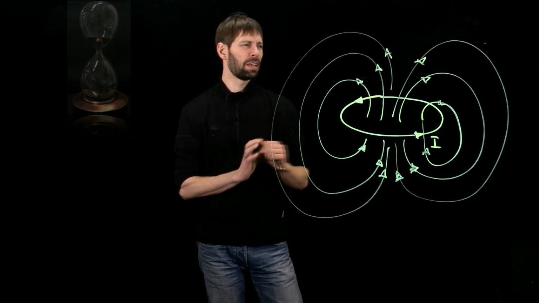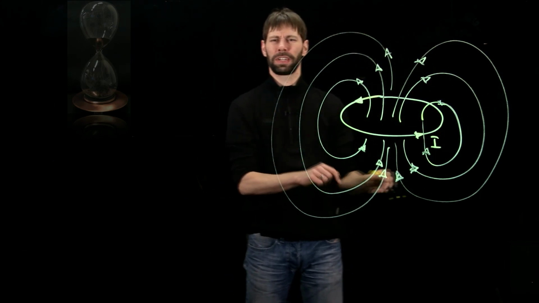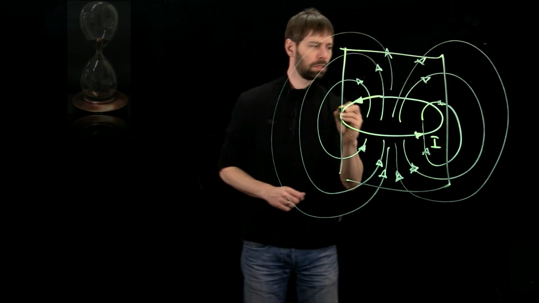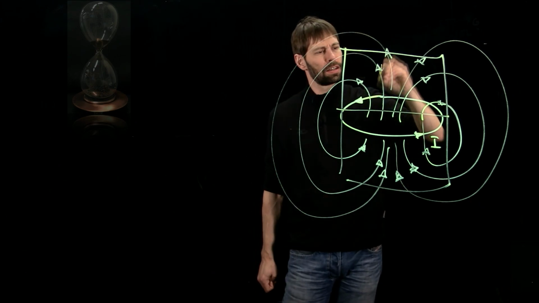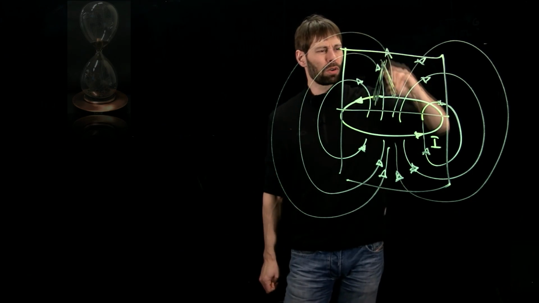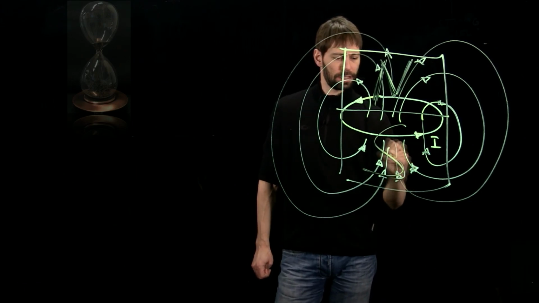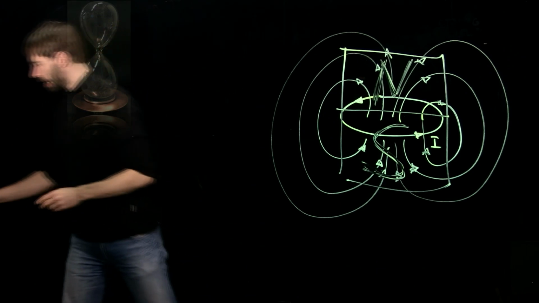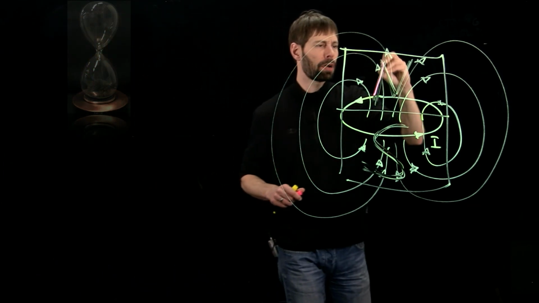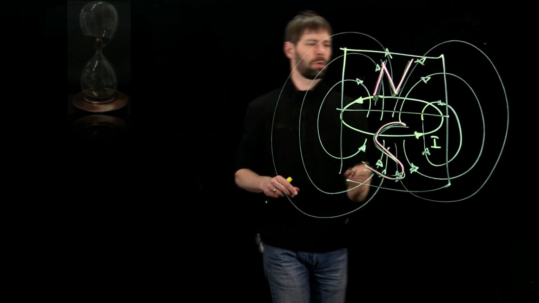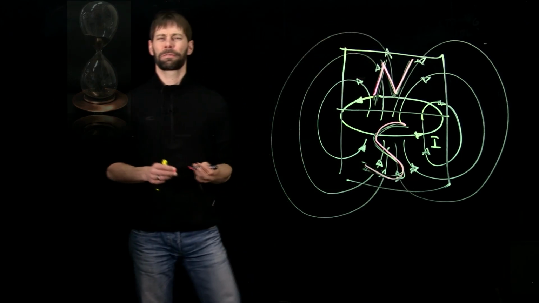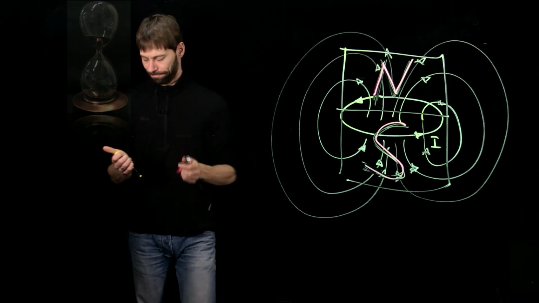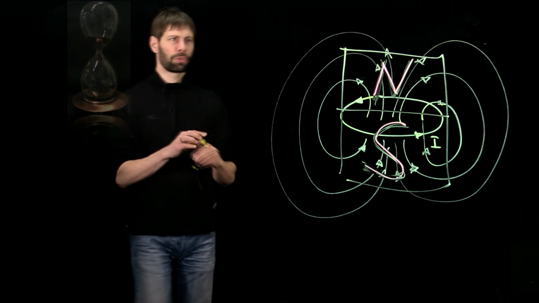If you're only looking at these field lines, you might actually think that there's a bar magnet with a north pole and a south pole like this. So you wouldn't be able to tell by looking at the field lines whether the source of those magnetic fields is actually a current loop or a permanent magnet. So that's some food for thought there.